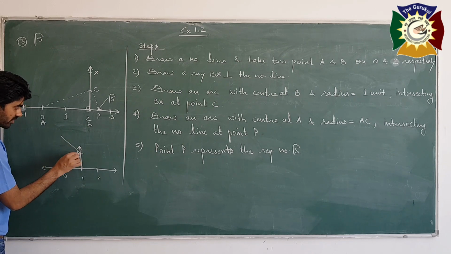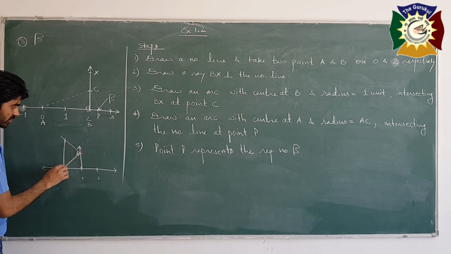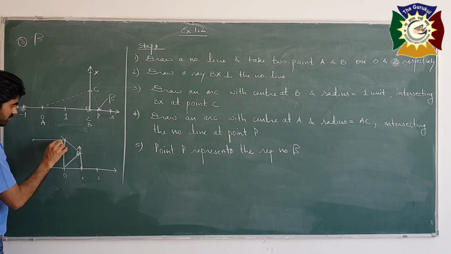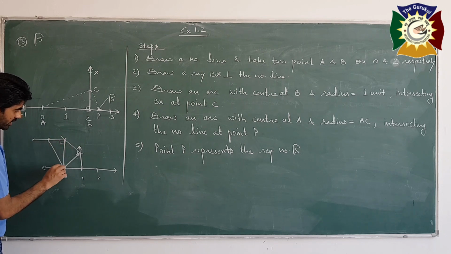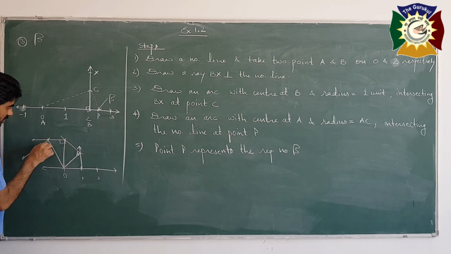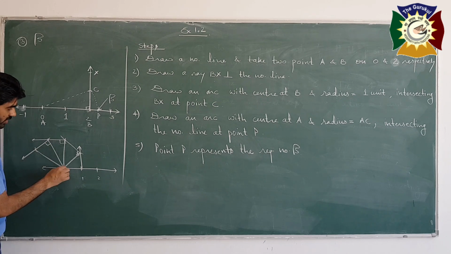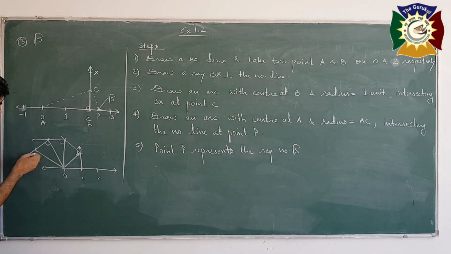Again perpendicular, cut 1 unit and join this. Again perpendicular, cut 1 unit, join it. Again perpendicular, then again cut 1 unit and join it. So this way you will keep on getting a spiral like structure this way.